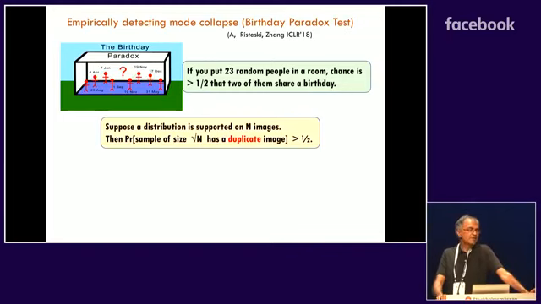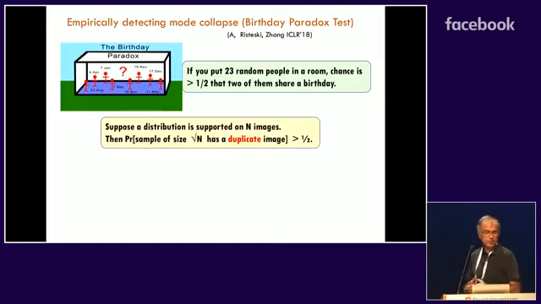And what's 23? It's really the square root of the number of possible birthdays. So in general, if a distribution is supported on n images, then there's a good chance that a sample of size square root n has a duplicate image.